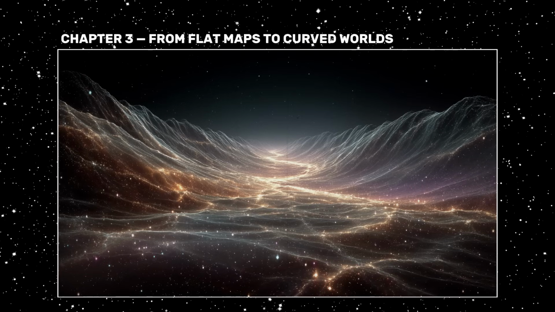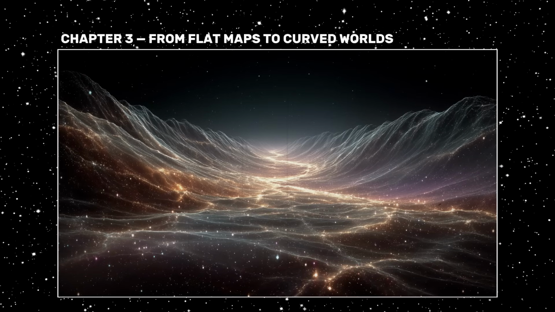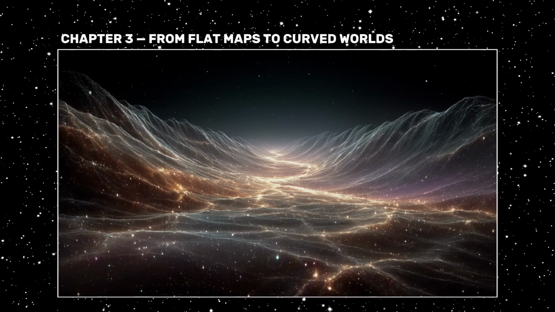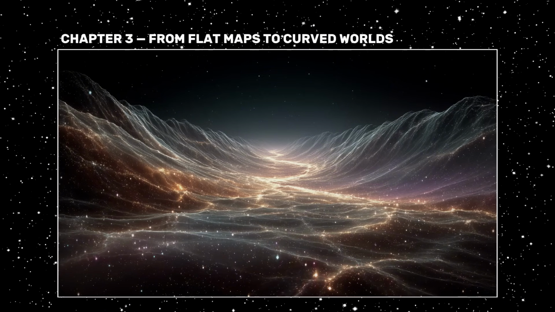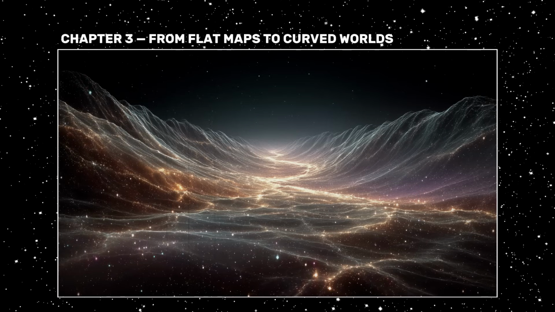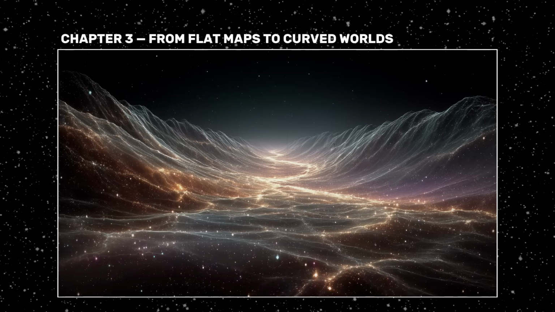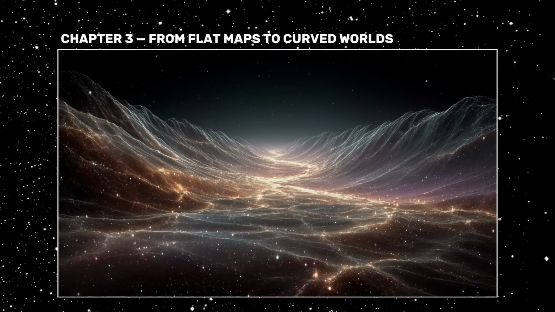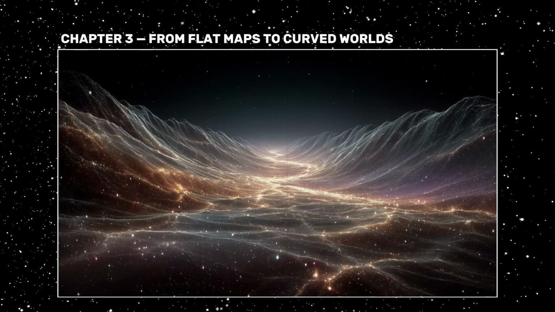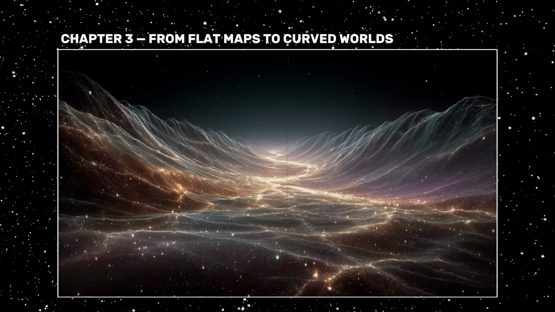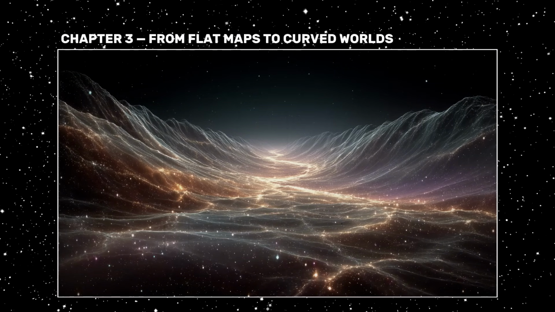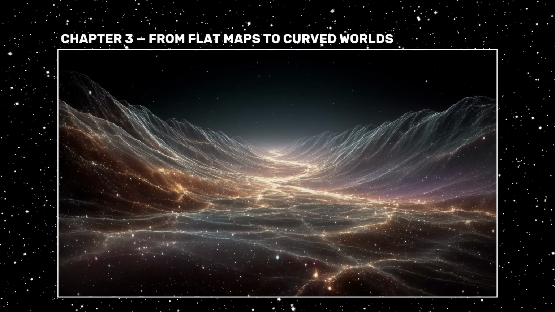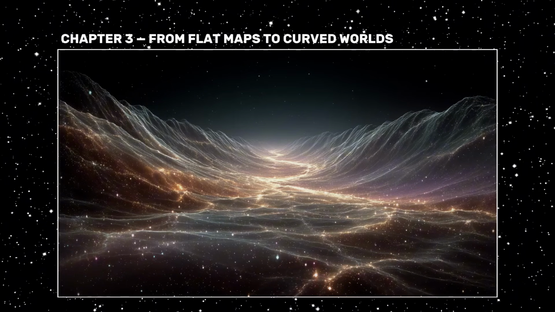And here, as this chapter closes, comes the quiet existential reflection. Flat maps are comforting, simple, and easy to hold in our hands. But they are only approximations, shadows of a deeper truth. The world itself is curved, both literally in the surfaces we walk upon and figuratively in the cosmos that expands around us.